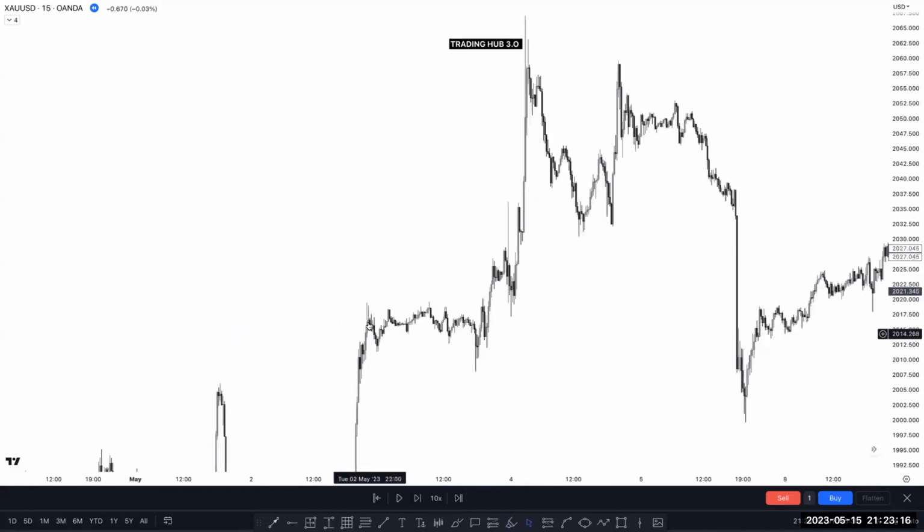Look at this one on the left side, there is no inducement taken out, right? So finally the market created a higher high at this point. This one is an equal high. So let me check first.